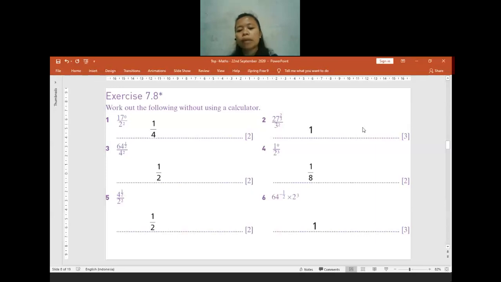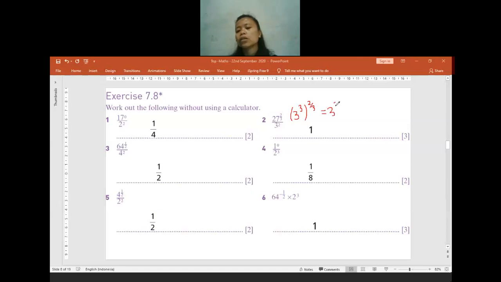For question 2, we have 27 to the power of 2 per 3. Maybe if you get confused solving this, you can change the number into index form first. After that, you can simplify all of the powers. 27 equals 3 to the power of 3, and then we get another power, 2 per 3.